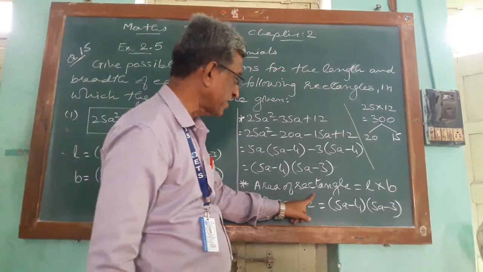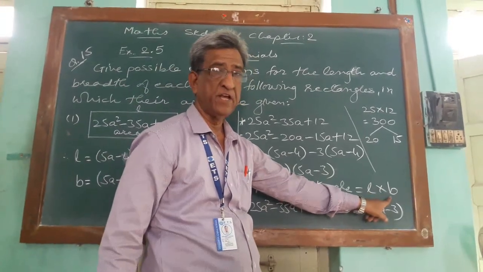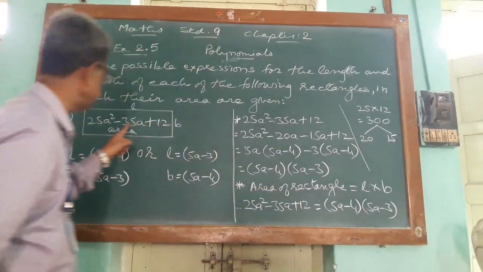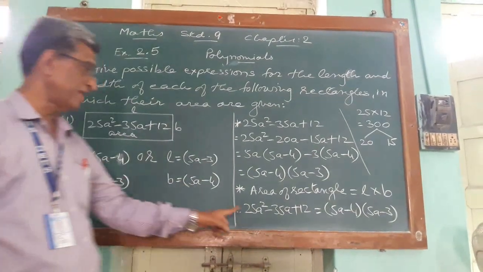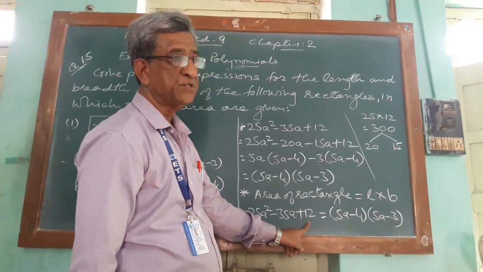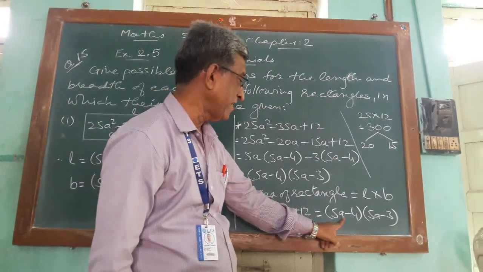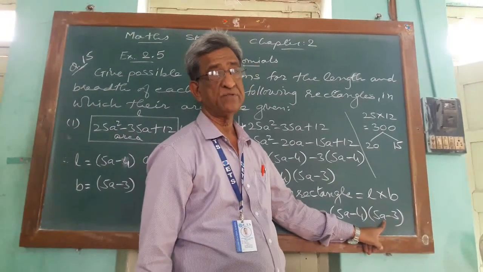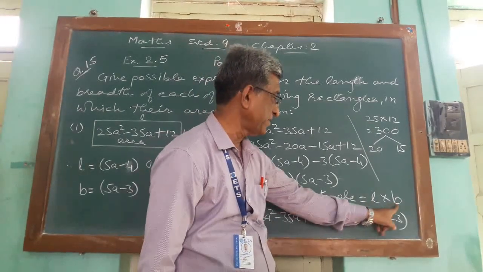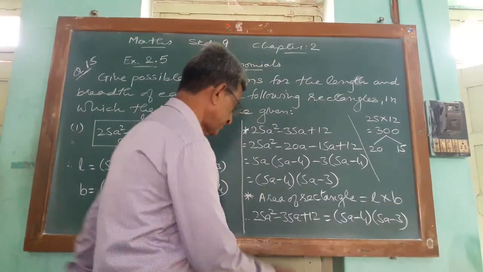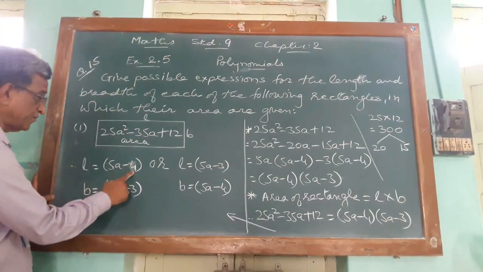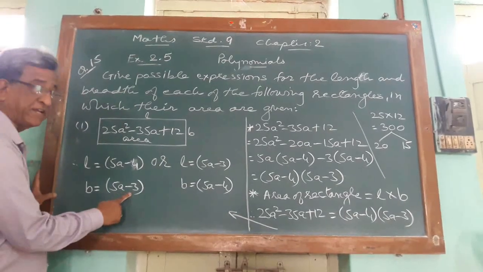Area of rectangle is length into breadth. The area is given, 25a square minus 35a plus 12, so its factors are 5a minus 4 and 5a minus 3. So length can be 5a minus 4 and breadth can be 5a minus 3.